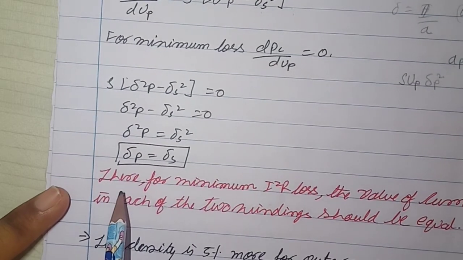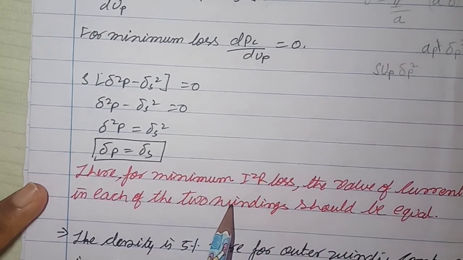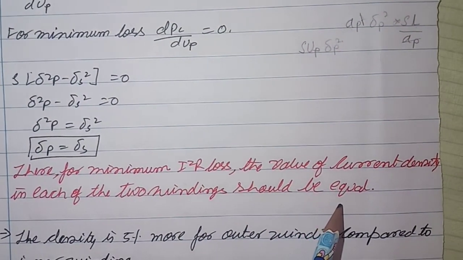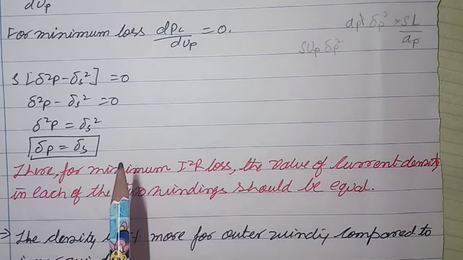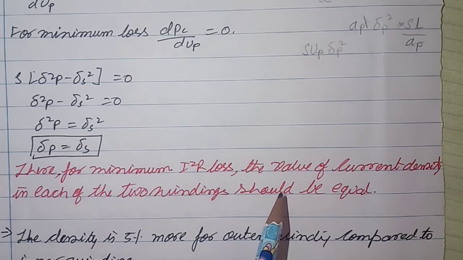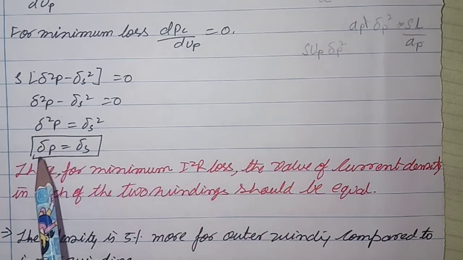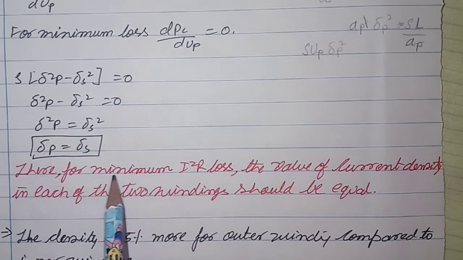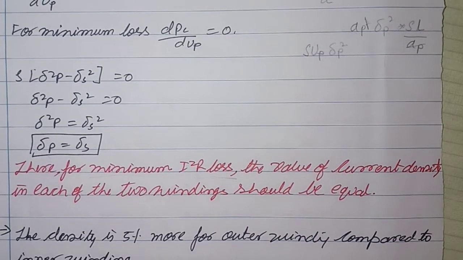So for minimum I square R losses, the value of current density in each of the two windings, primary and secondary, should be equal. When we have this condition, delta P equal to delta S, we have the minimum I square R losses.